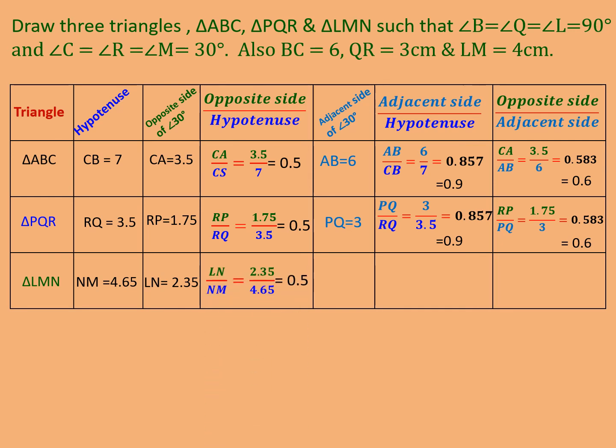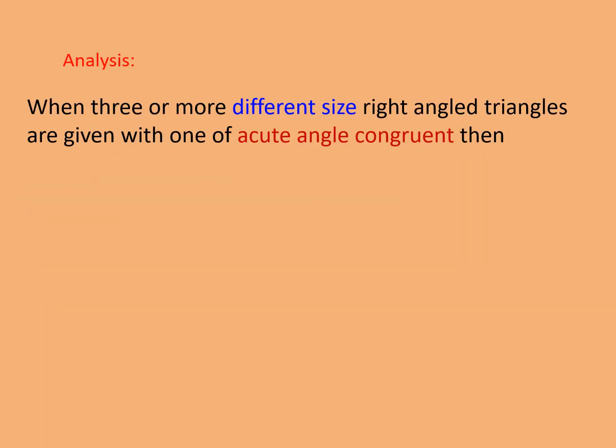Same, LN upon MN, 2.35 upon 4.65, which equals 0.5. LM equals 4, and when we find the ratio LM upon NM, it is 4 upon 4.65, which equals 0.86, again 0.9. So we have LN upon LM equals 2.35 upon 4, that is approximately 0.587, which is also 0.6.